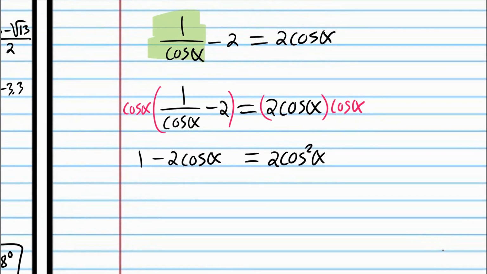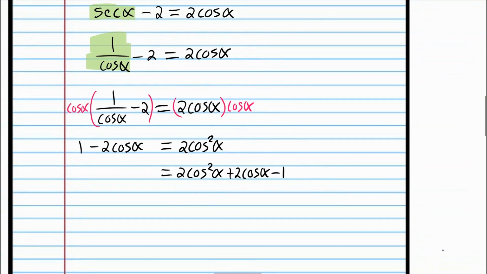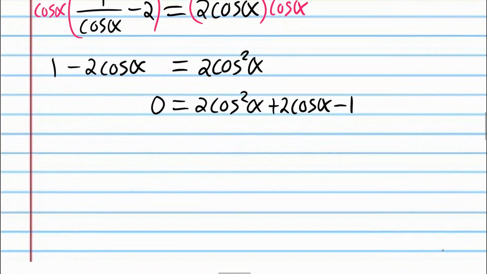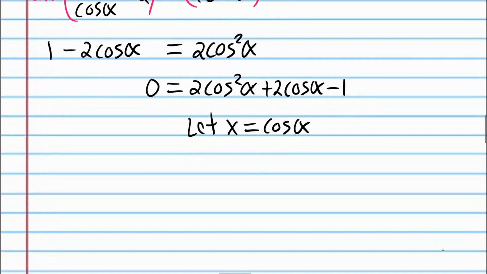So now I'm going to add 2 cosine alpha to both sides and subtract 1 from both sides. And let's let x equal cosine alpha to make things easier to see.